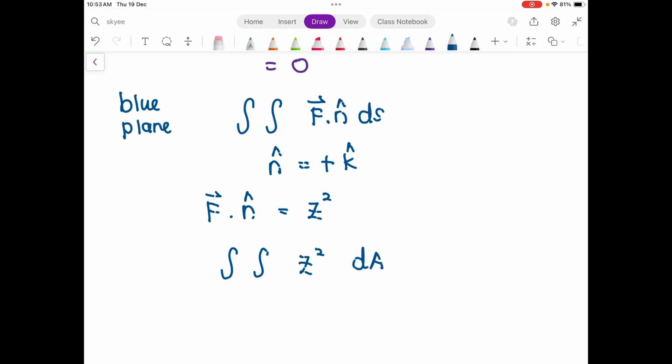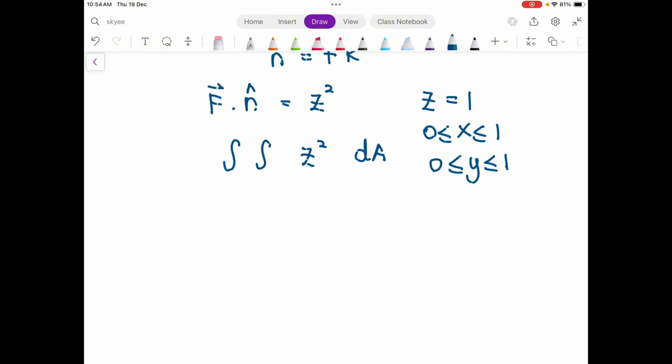For the blue plane, it is located at the position z equals to 1. So the x and the y are all between 0 to 1. So here you can replace 0 to 1, 0 to 1, and the z you replace with 1 square. So this one will be dx dy, so it will be 1.